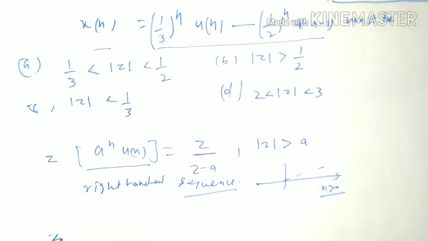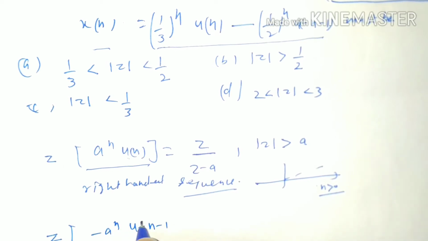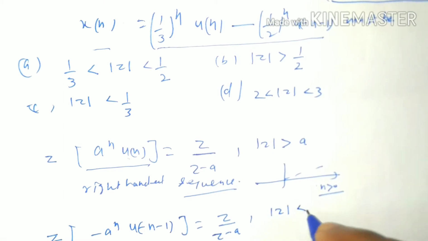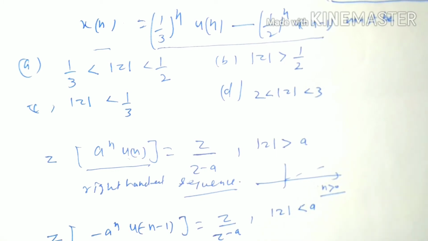And we have also discussed in lecture 1 that the Z transform of minus a to the power n u[minus n minus 1] is the same, Z by Z minus a, but its ROC will be modulus of Z less than a, and it is a left handed sequence.